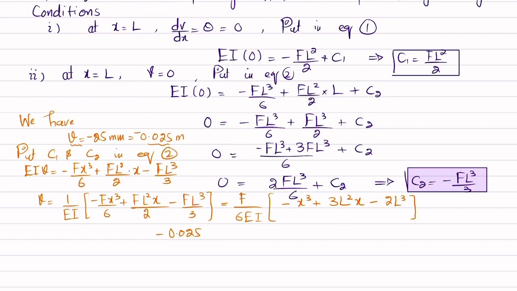So minus 0.025 will be equal to F over 6 EI into minus x cube plus 3L square x minus 2L cube. And this V is equal to minus 0.025 meter at x is equal to 0.